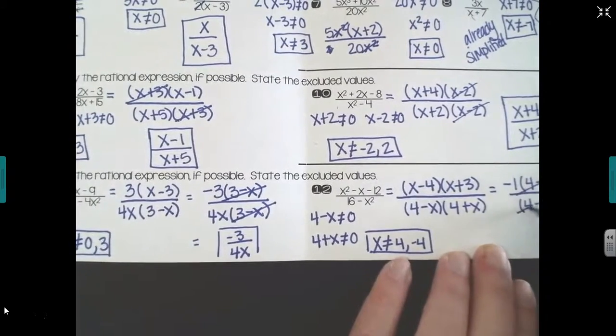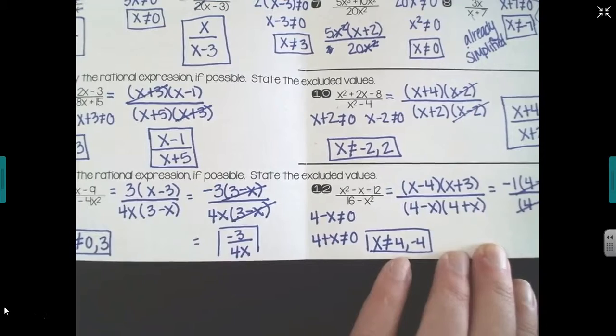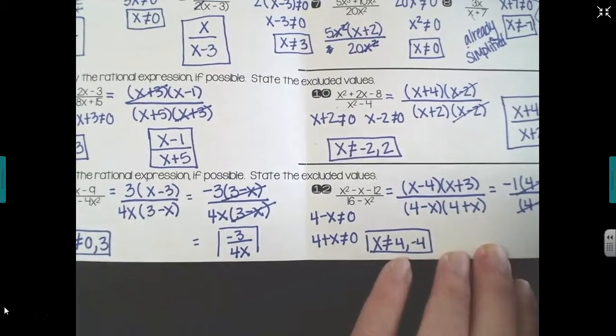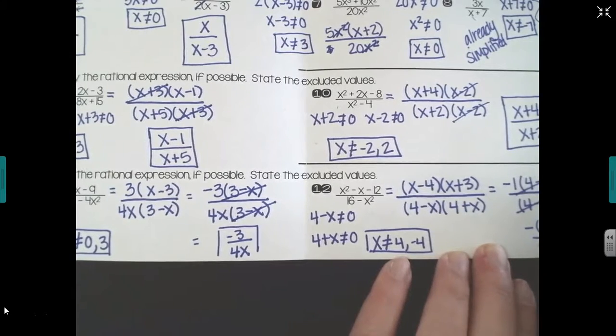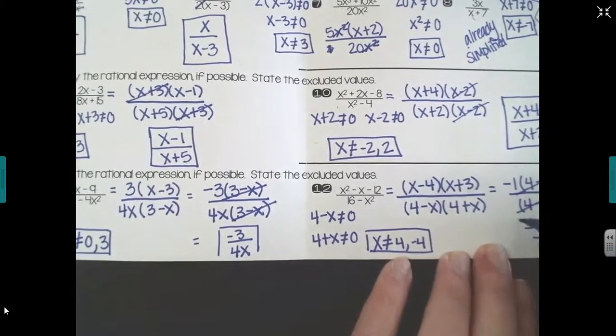So now we can cancel out those 4 minus x's. So we have a negative quantity, x plus 3, over, and on the bottom, if you don't like the 4 before the x, you can switch it, x plus 4.